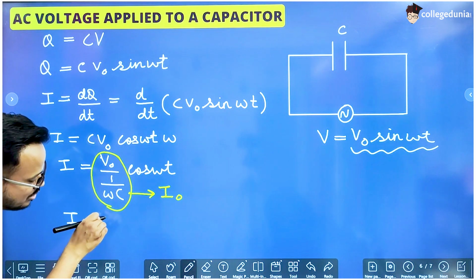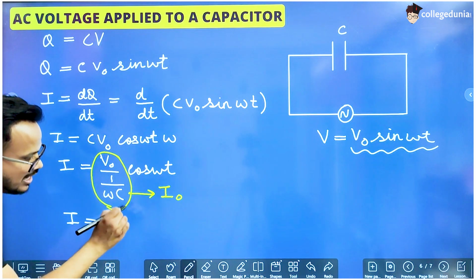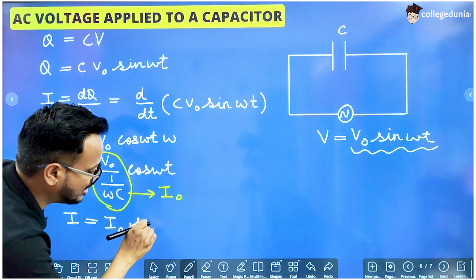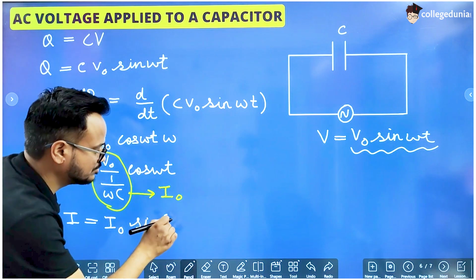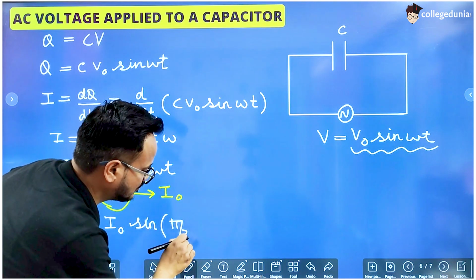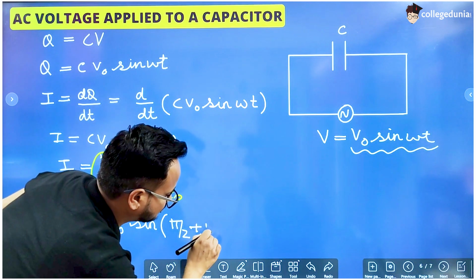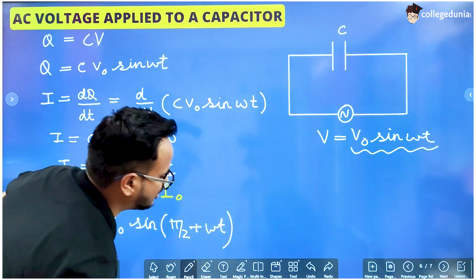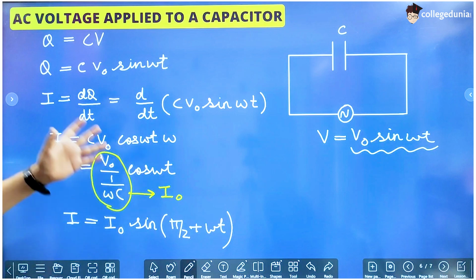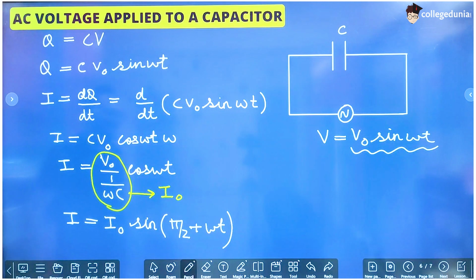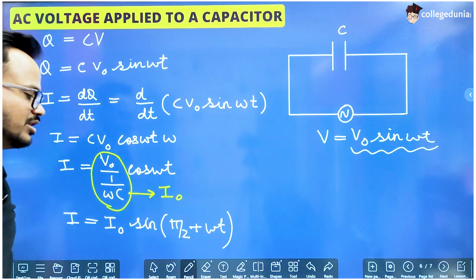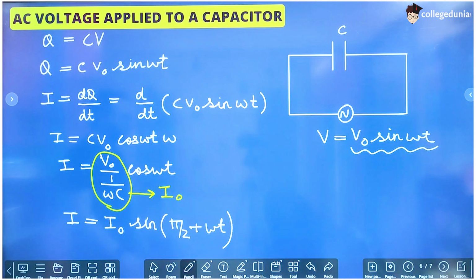So I equals I naught, and in place of cos omega t we can write sine of pi by 2 plus omega t, because sine of 90 plus theta is nothing but cos theta. If you know a little bit of trigonometry, then you know that sine 90 plus theta is cos theta.